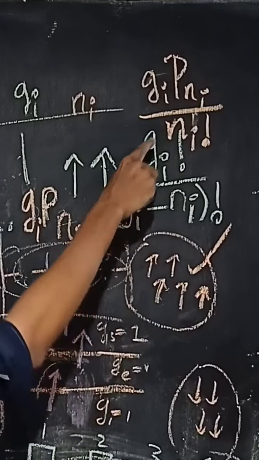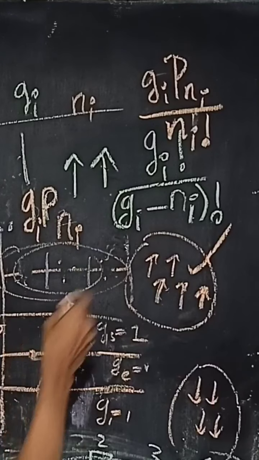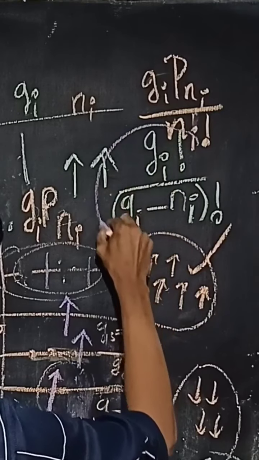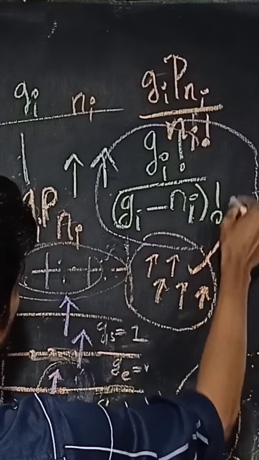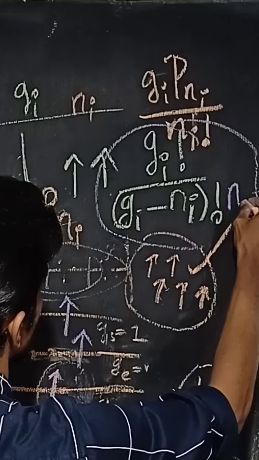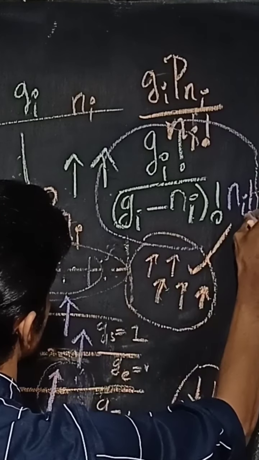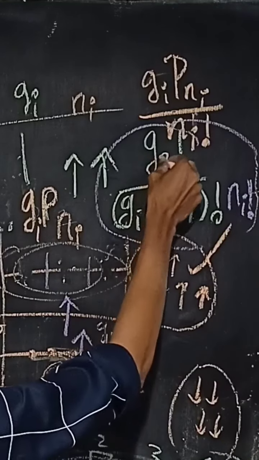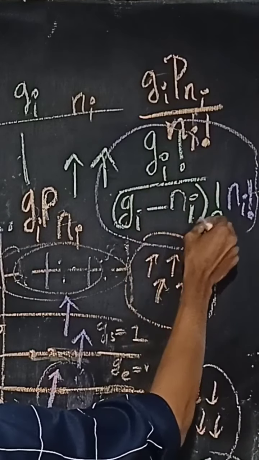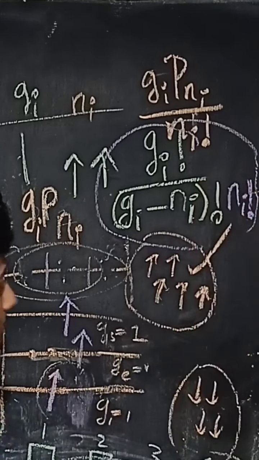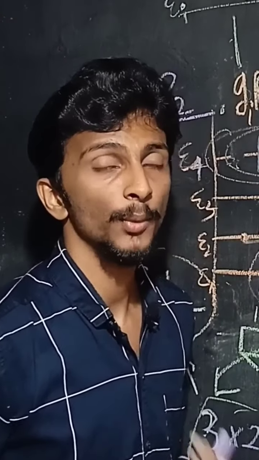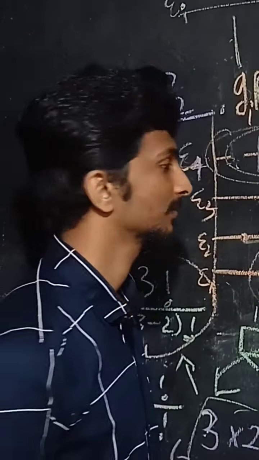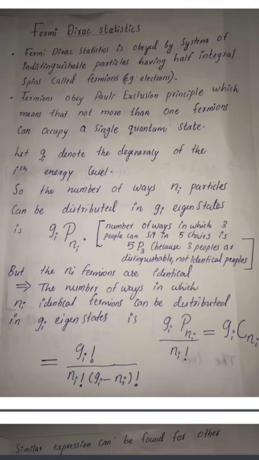So we can write it as gi factorial over gi minus Ni factorial times Ni factorial, which is the number of ways in which we can put Ni identical fermions into gi states which have energy value Ei.